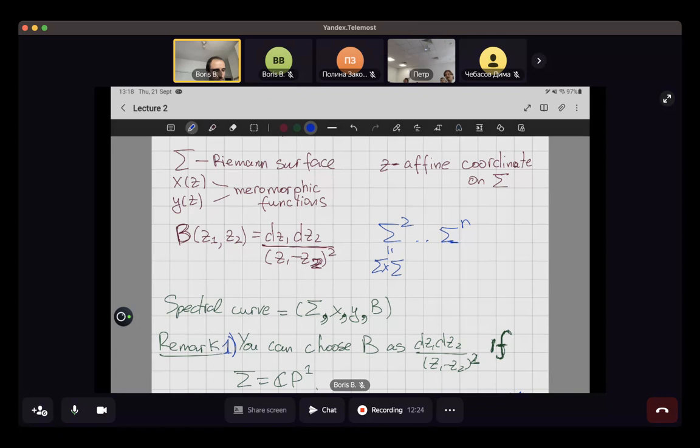So the critical points, let's say zeros if I write it this way, zeros of dx of z over x of z are simple. And the second condition is that the zeros of dy are away from the zeros of dx over x.